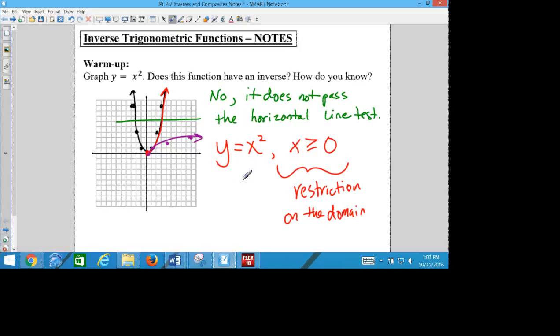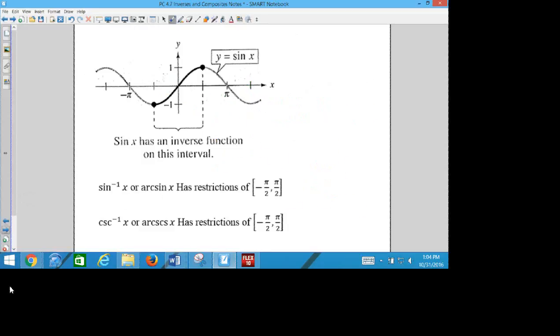So the reason why I bring this up, just to remind us about how we find inverses, how we tell if it has an inverse function, and then I wanted to talk about the restrictions. Because today we're actually doing inverse trig functions. The next picture you have is the sine graph. The sine graph by itself does not have an inverse function because it does not pass the horizontal line test.